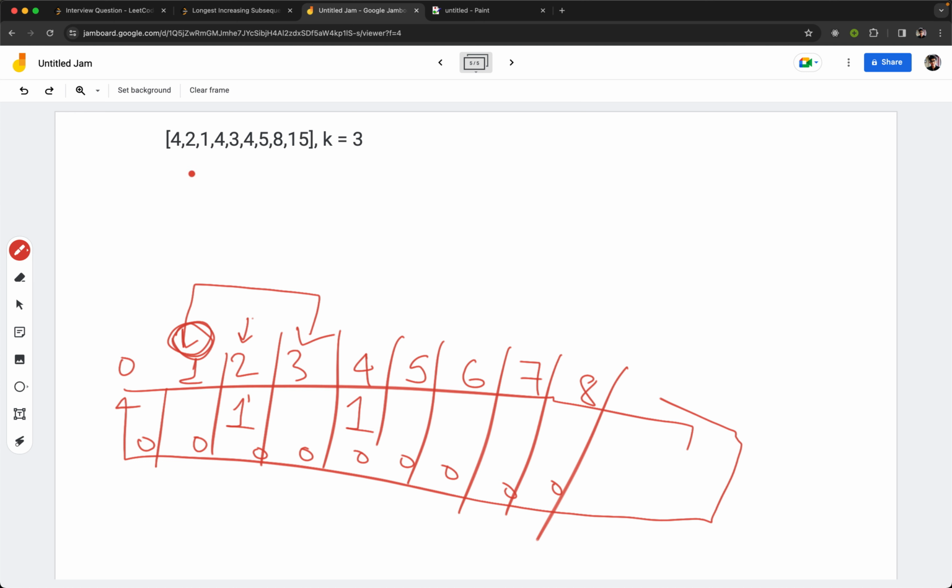Now when 1 again comes, I cannot append 1 at the back of any element, so for 1 also it would be just 1. Fine. Now when I am at 4 again, you see that we have already encountered all these elements. When I have encountered all these elements, I can include them with my 4. Makes sense? So with 4, how much range can I query? I can again similarly query range 1 to 3.